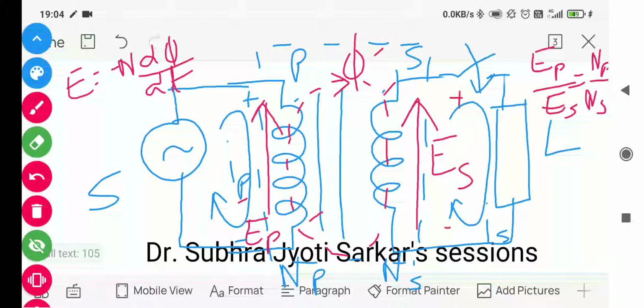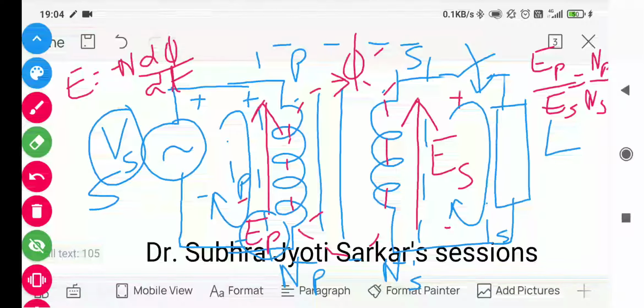Now, if this is the supplied voltage Vs, it will have this point positive at the time of the positive half cycle and this point negative. So basically we could see that the directions of Vs and EP oppose each other. This is the basic observation.